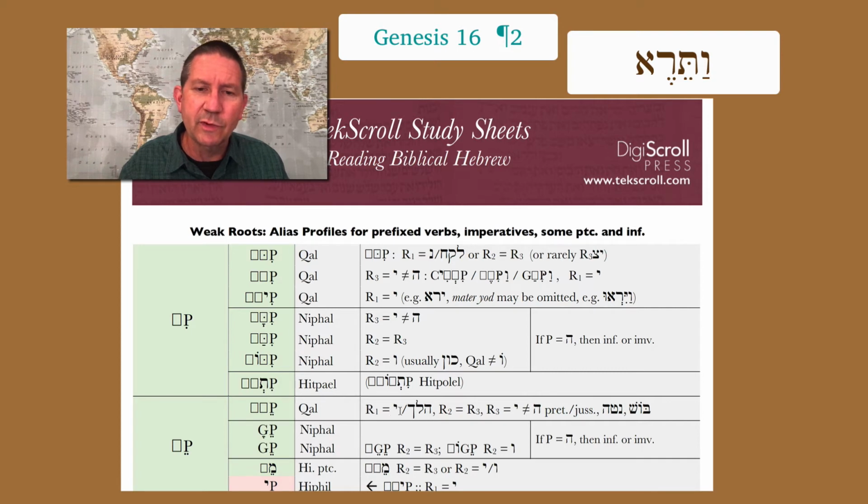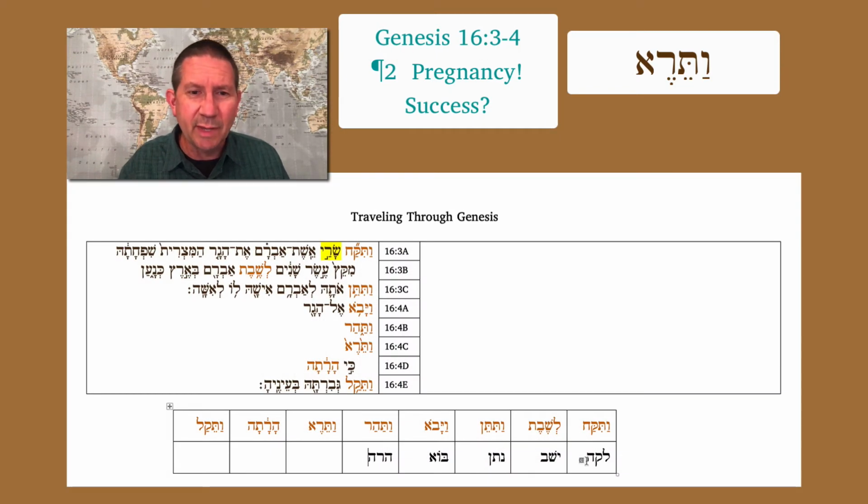And so we've either got a first yod, we have a geminate root, or we have perhaps a third yod, which is preterite or jussive, because that has moved the accent up and it has affected the vowel under the prefix. And this also happens with nata and with bosh. Bosh is a reminder for the state of roots. So with those options in mind, when we see a resh and an aleph, we're usually thinking either yareh or ra'ah.